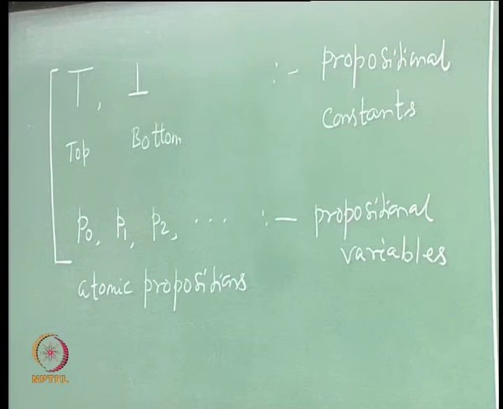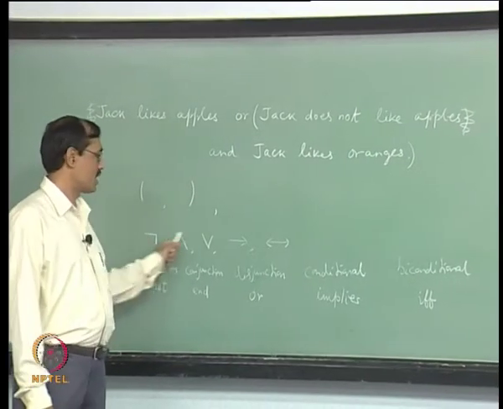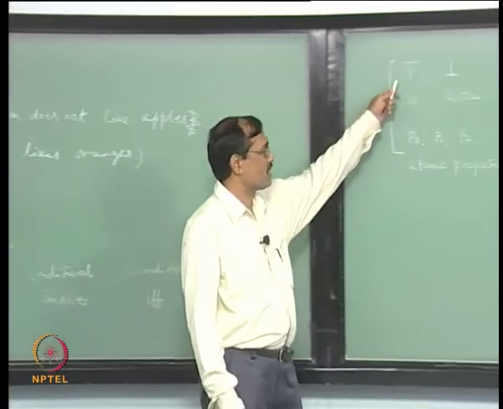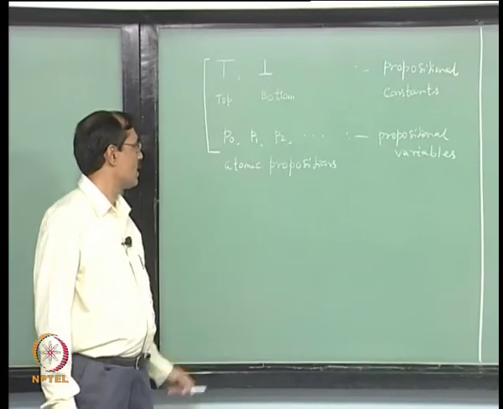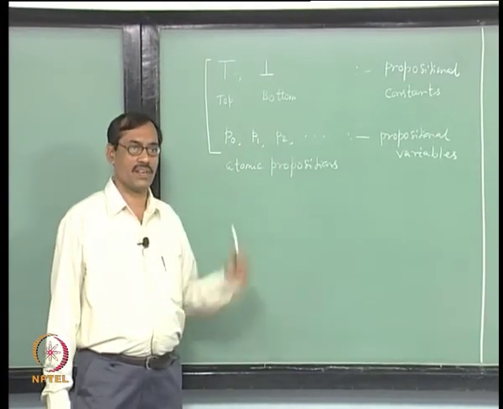So we are going to define a grammar, that is how it will be precisely formulated. Okay. So all the symbols we are going to use are given here. They will be punctuation marks, left parenthesis, right parenthesis, connectives, these 5 connectives, and then propositional constants, top and bottom, then propositional variables, P0, P1, P2 and so on, right.